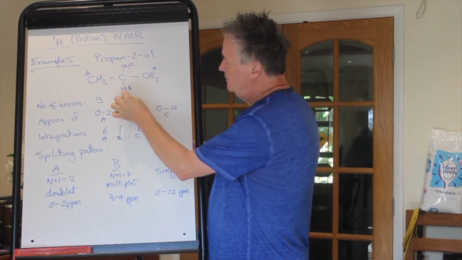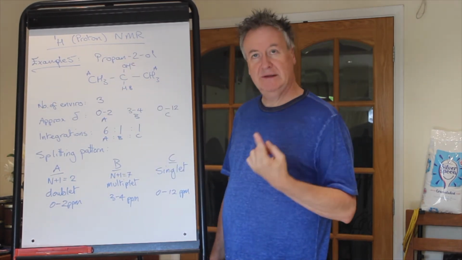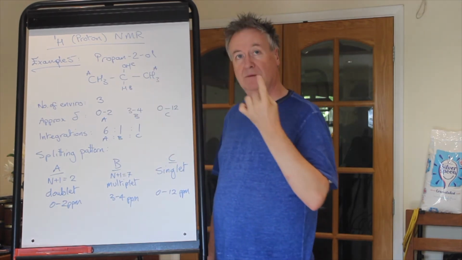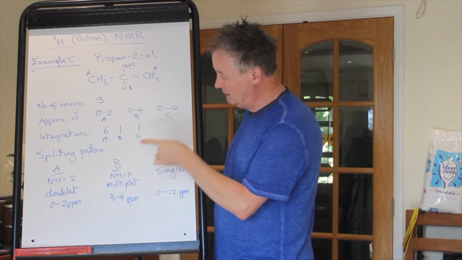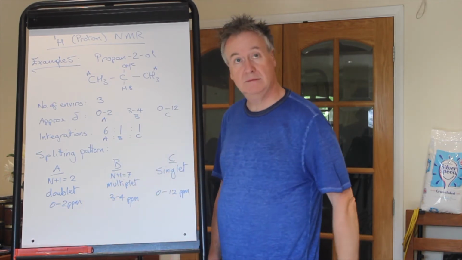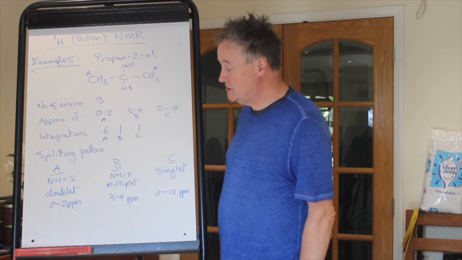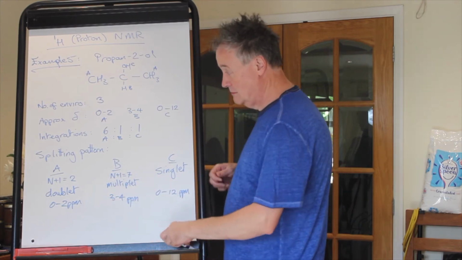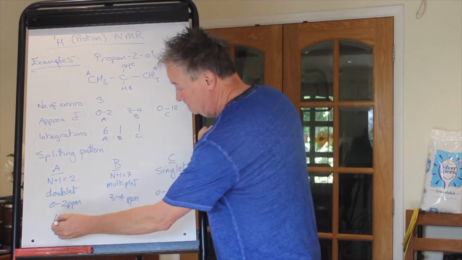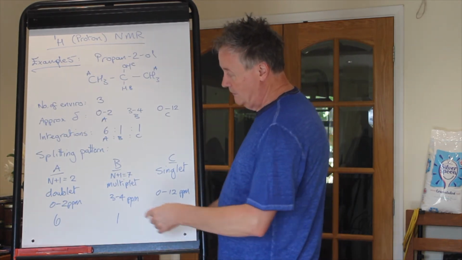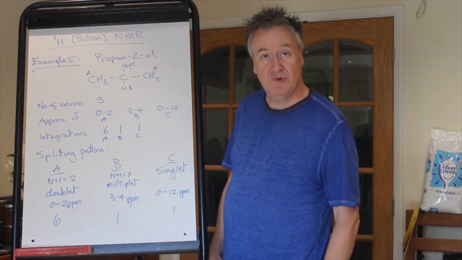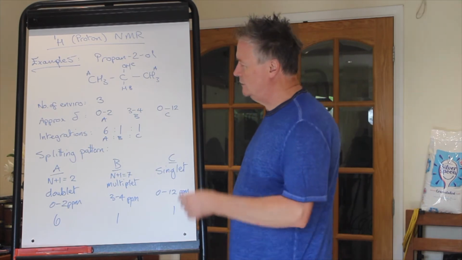So those are split by a single hydrogen in the centre. One hydrogen plus one makes it 2, and it will therefore be a doublet. It'll have an integration height of 6. And it will be in that 0 to 2 range, usually 0.5 to 2.